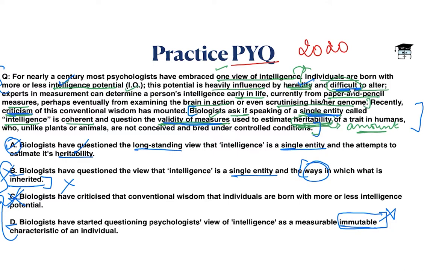It is not immutable. It is difficult to alter. So there is a modification that has been done of the word difficult, and it has been changed into the word immutable in option D. So a new fact or a modification cannot be done in the summary of the paragraph. So that means that option D cannot be my answer. This implies that the answer to this para-summary question is answer A.